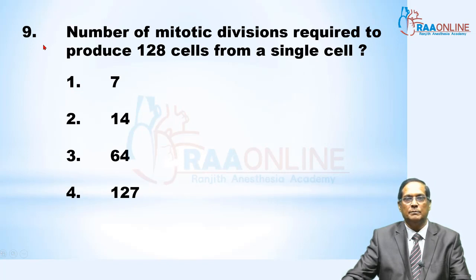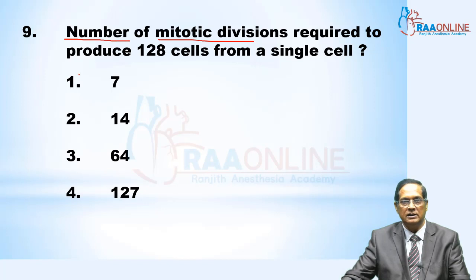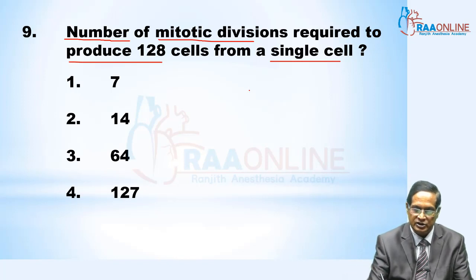This is the question. Underline the key point: first, number is asked. Number of mitotic divisions required to produce 128 cells from a single cell. The initial number is 1.